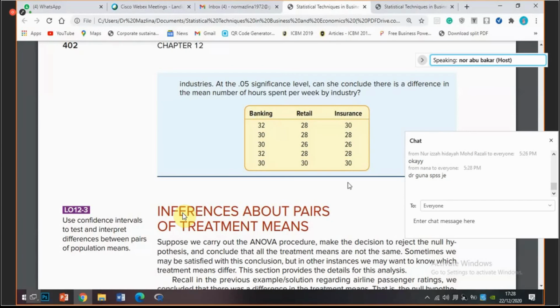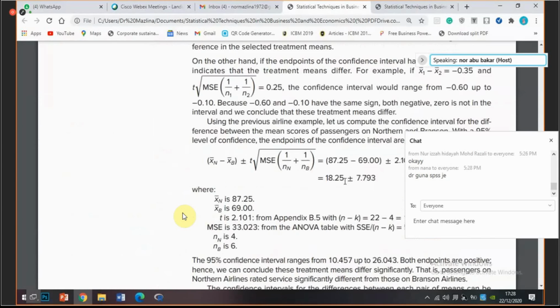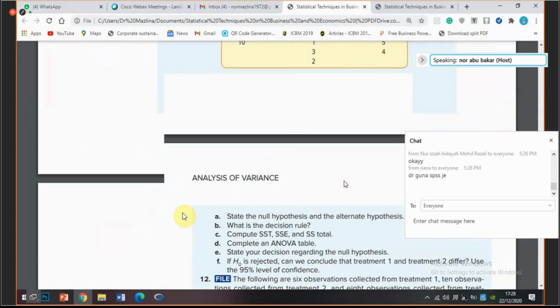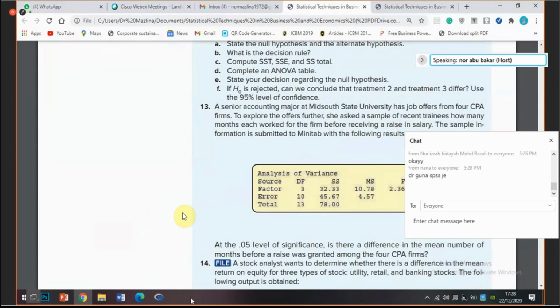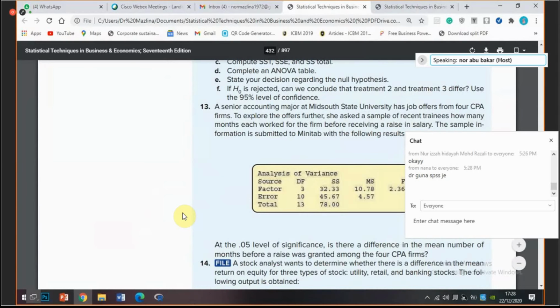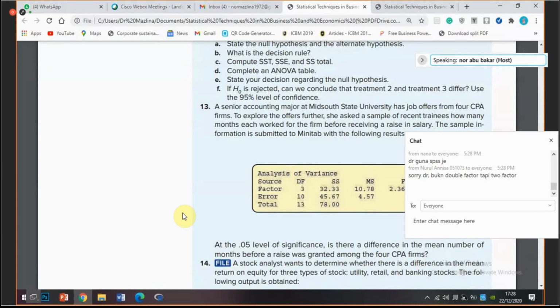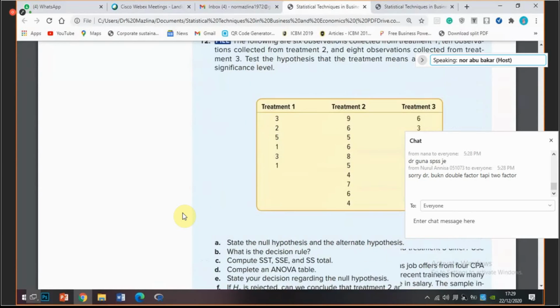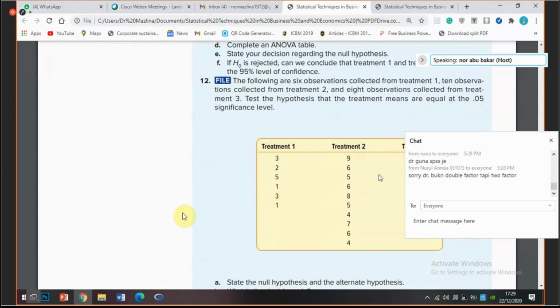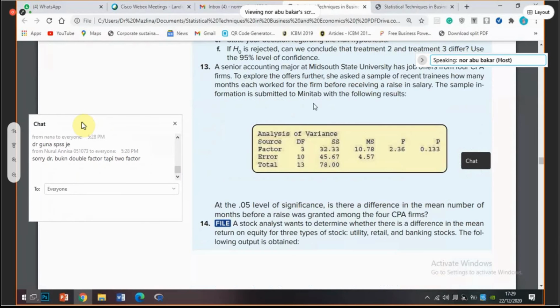Okay, I'll show you what I meant by probability. Usually this is what you're going to get. Sometimes in exams, you are not given the raw data like this. You are only given the output.